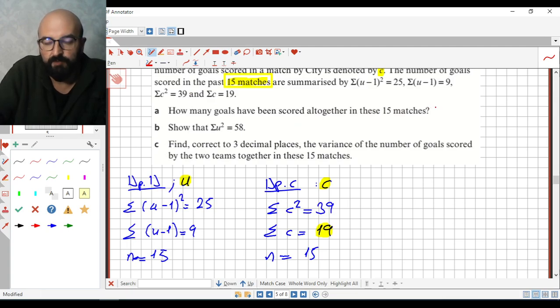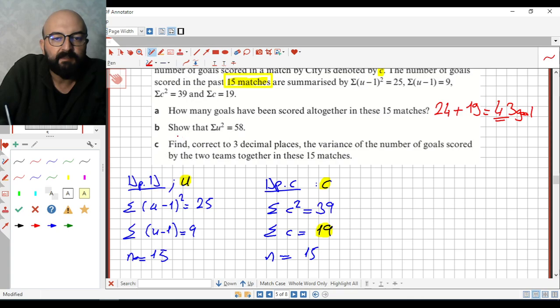One club has 24 goals, and the other club has 19 goals. So the total is 43 goals.